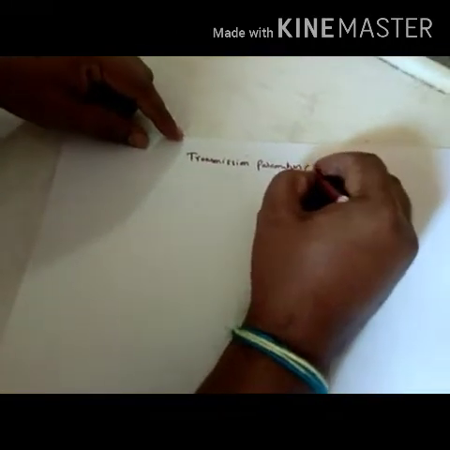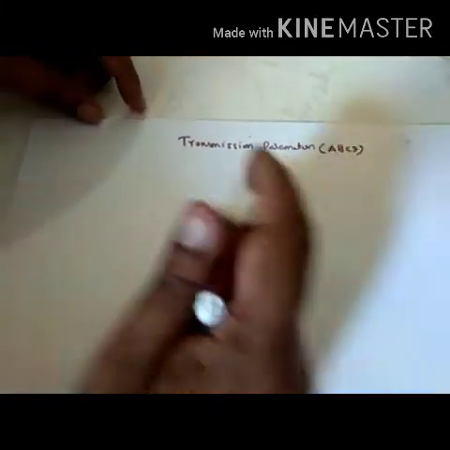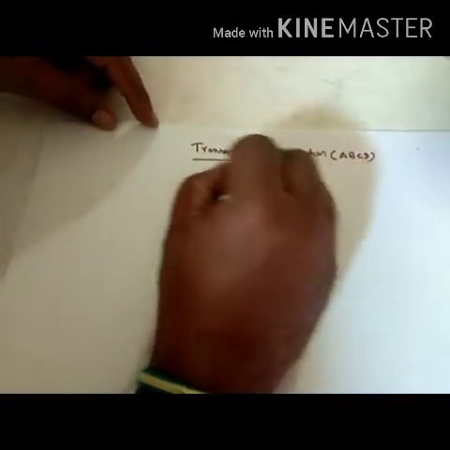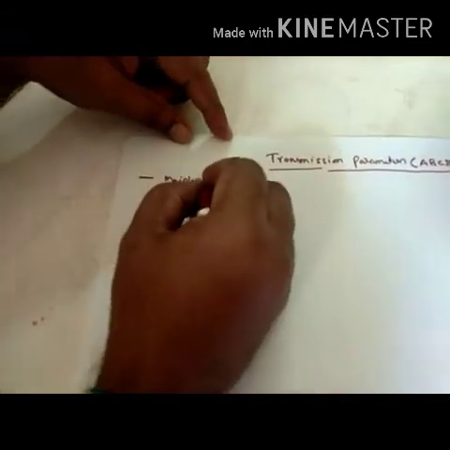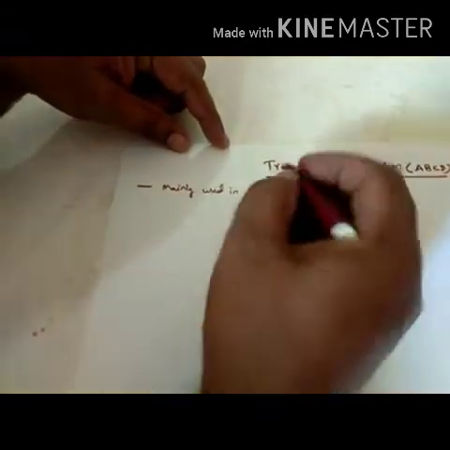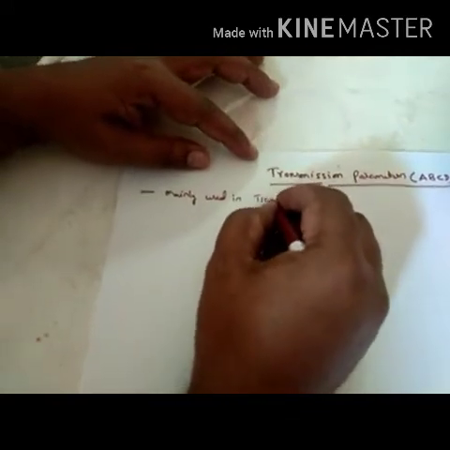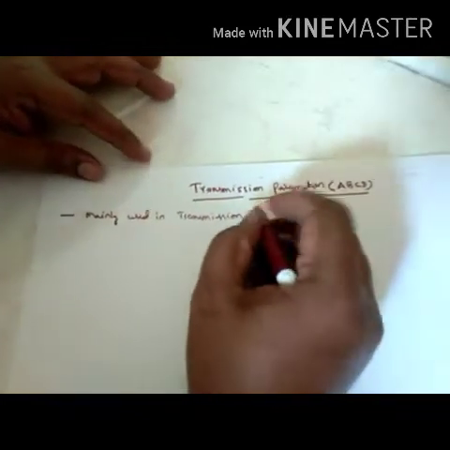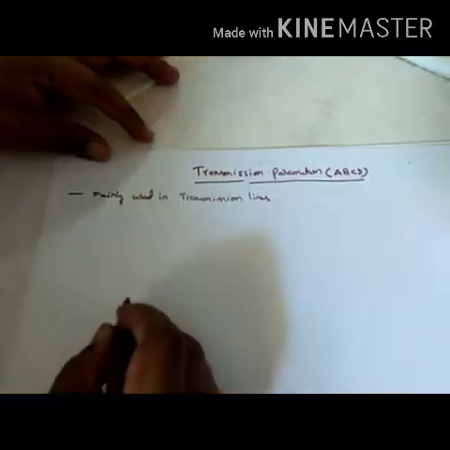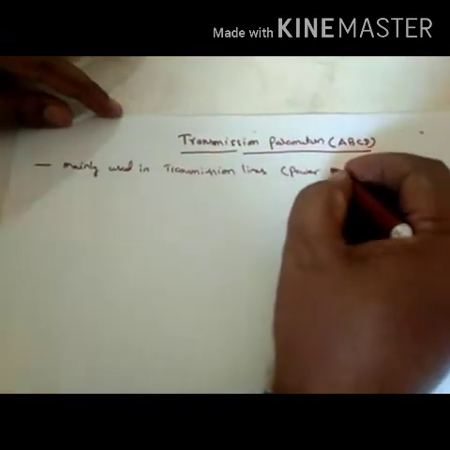Transmission parameters, also called ABCD parameters. These are mainly used in transmission lines, that is power systems, power lines.